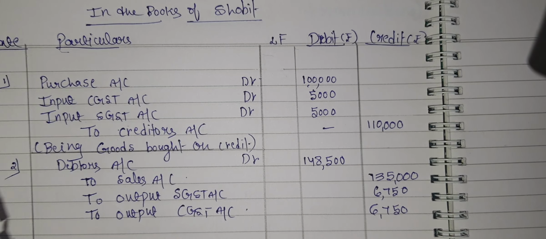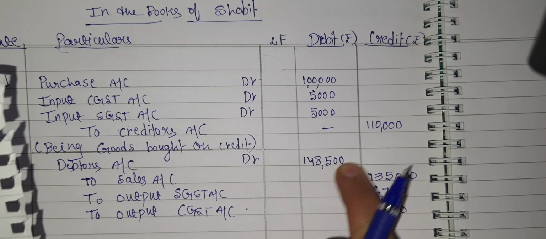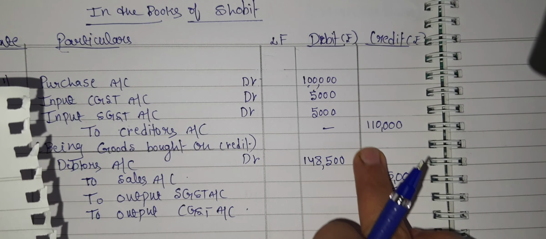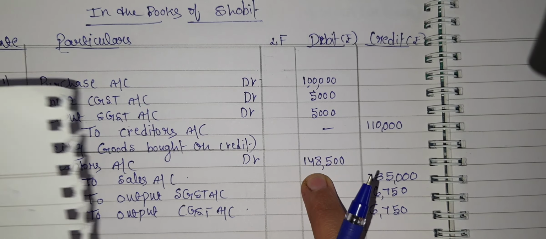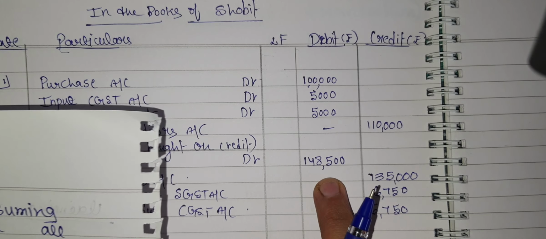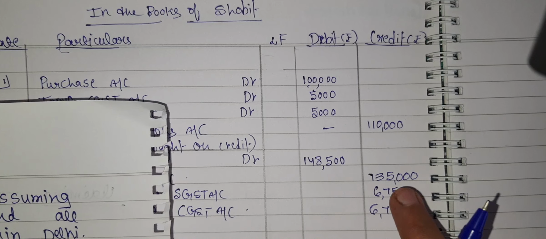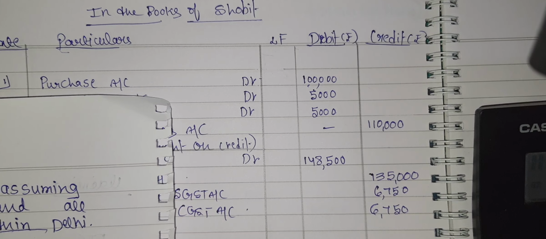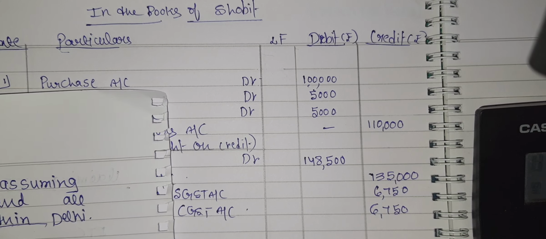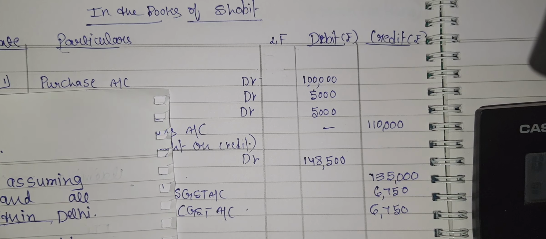It means this amount collected on sales, this rupees 1,48,500, is inclusive of GST. But the collected tax, this 6,750 plus 6,750, means rupees 13,500, does not belong to the business.